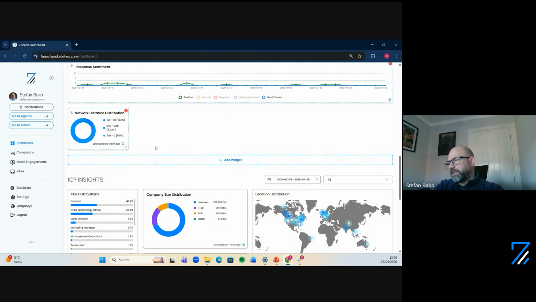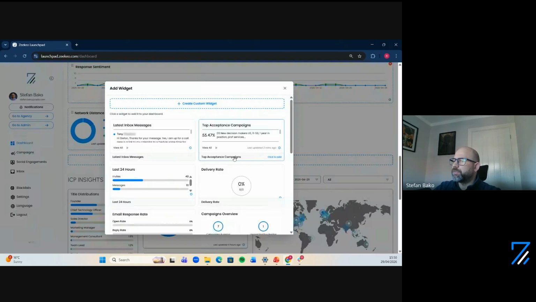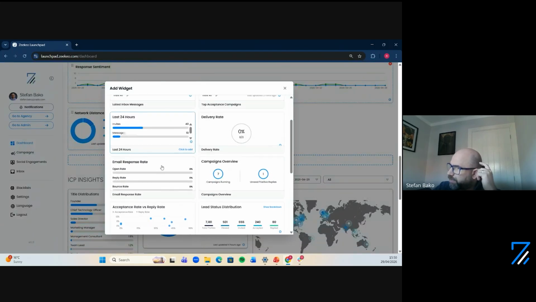As an agency, again, you can check the performance, like what you're actually doing, and if you see that your third degree connection fetches are really high, that will explain why your acceptance rate is a bit lower. Now, under the widgets, you also have the email response rate.